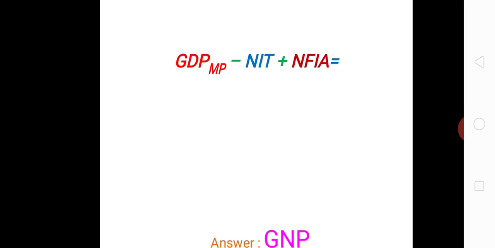So it is nothing but GNP FC. Similarly, NNP FC plus depreciation. When you add depreciation to net, you will get gross, and when you subtract NFI from national, you will get domestic. So it is nothing but GDP.